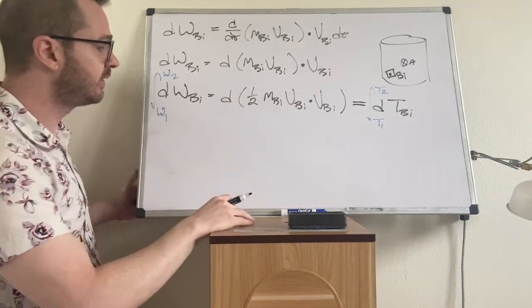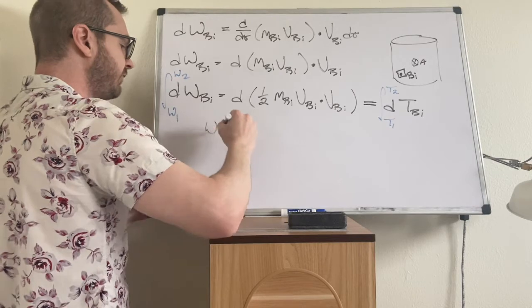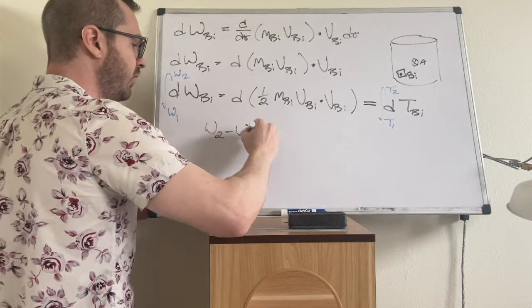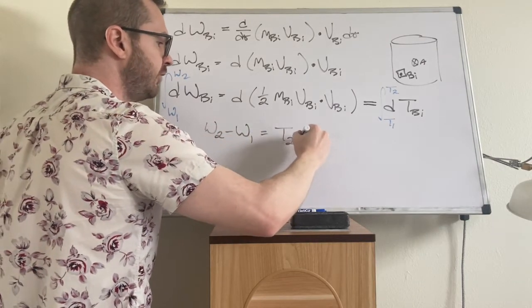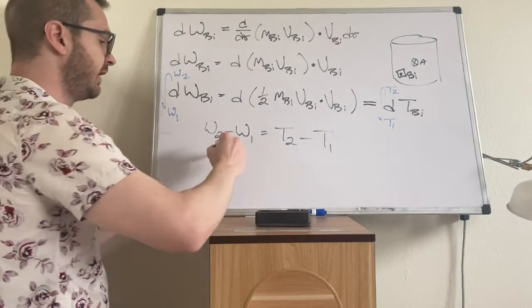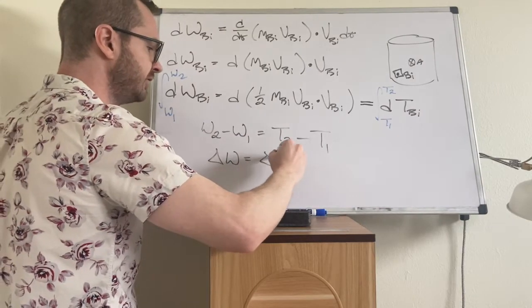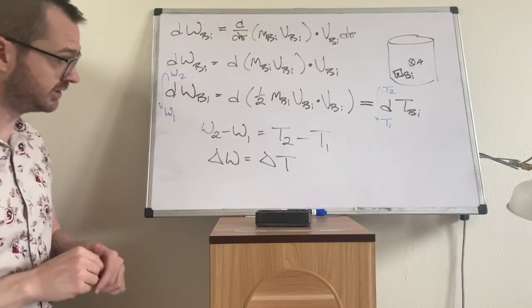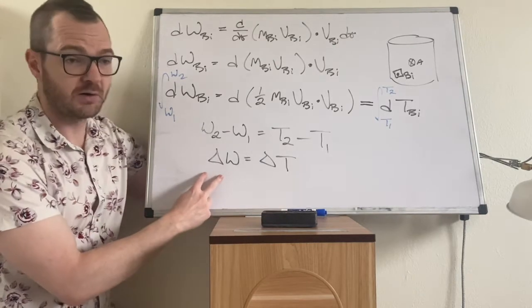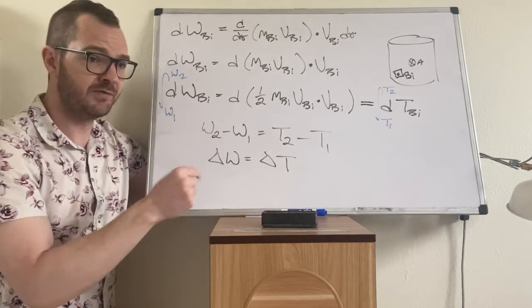What this analytical integration tells us is W2 minus W1 equals T2 minus T1. Again, the T here is not temperature, it's energy. We can say deltas: a change in work is equal to a change in kinetic energy. The work done on a system is equal to the change in the kinetic energy of the system.